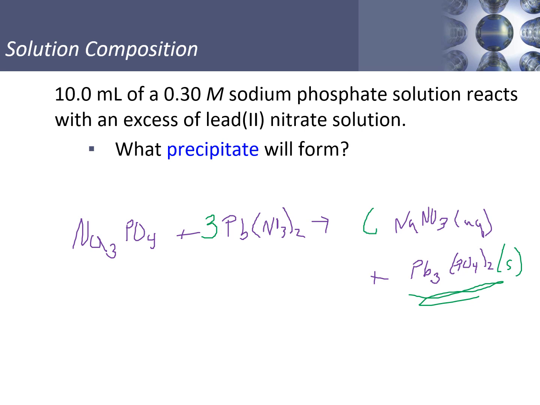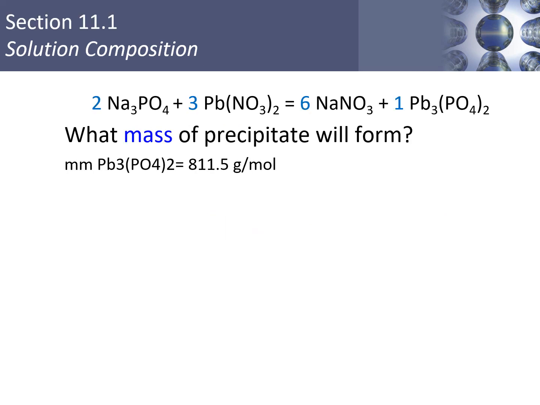So I will need a 6 in front of my NaNO3. 6 sodiums, only 3, make that a 2, and that is a 1. Okay, so now I have a balanced equation. I know that lead 2 phosphate is my precipitate. So there is my balanced equation all typed up nice and neat on top.